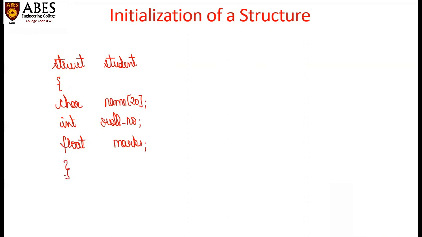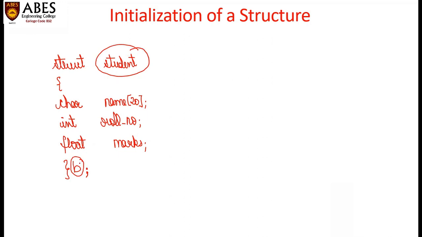If I want to declare a structure variable, it can be done in two ways. First, before including the semicolon, before terminating the declaration of this structure, I have to give a name. Let us say B. It means now this B has the property of this structure student.